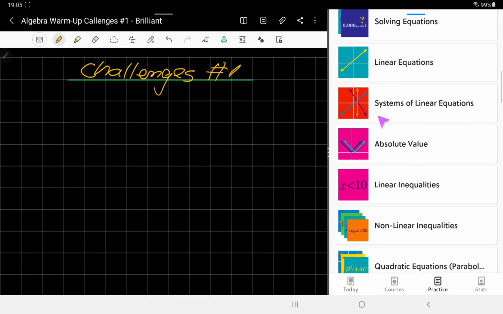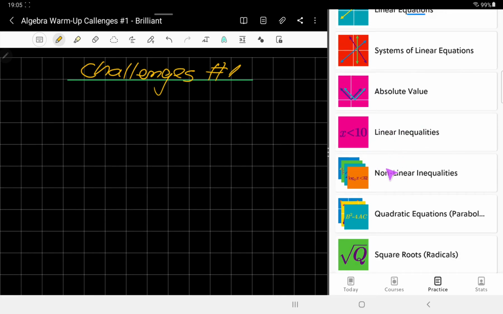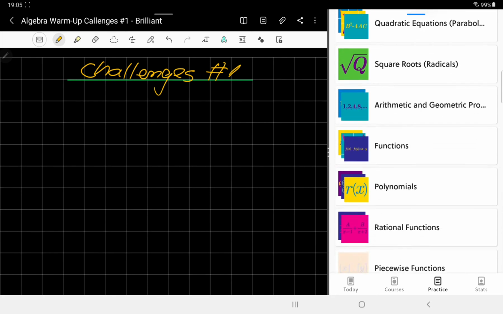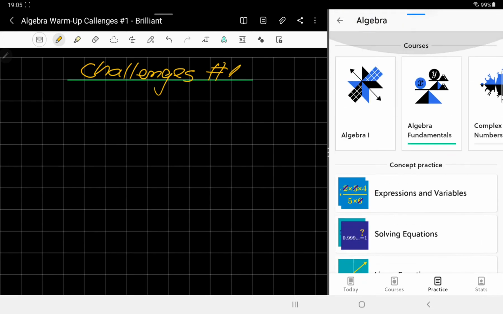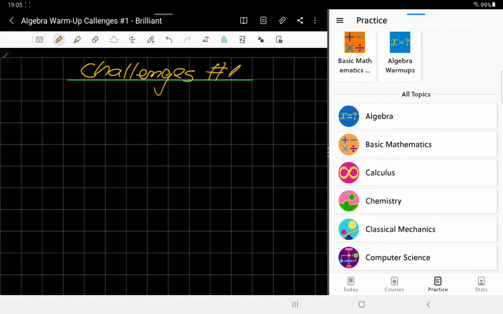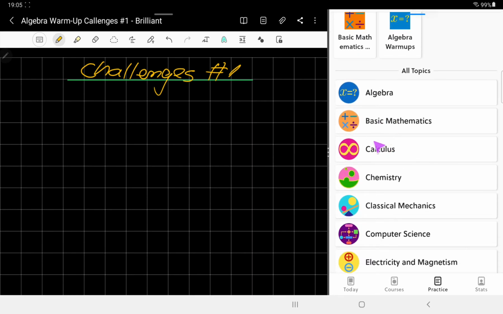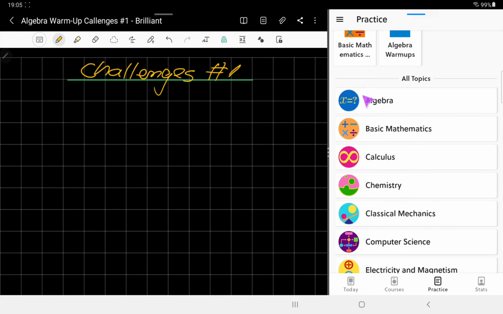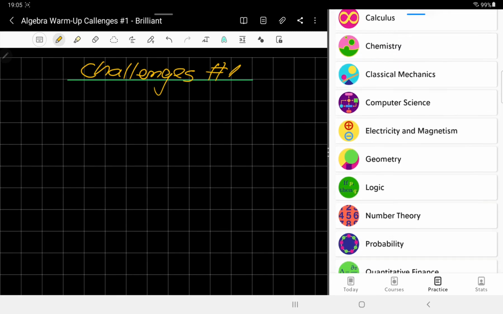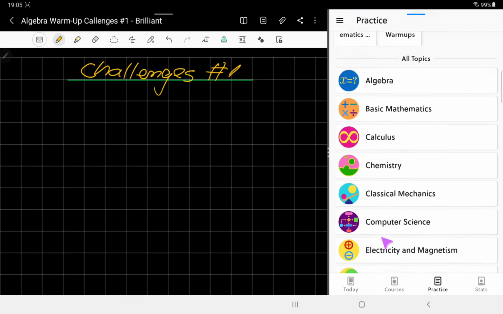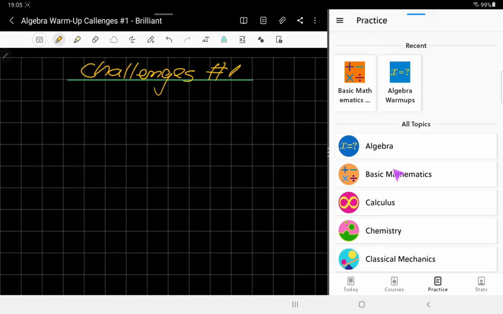Linear equations, systems, absolute values, linear inequalities, and a lot of stuff that's only in the algebra practice here on Brilliant. But if we go back, we can see that was only algebra. We also have basic mathematics, calculus, chemistry, and all other interesting stuff. So there is a lot to come.